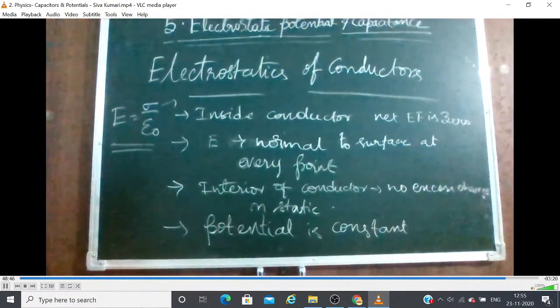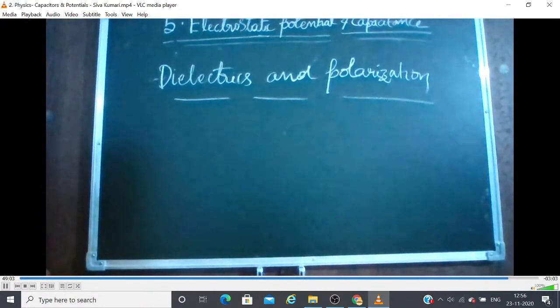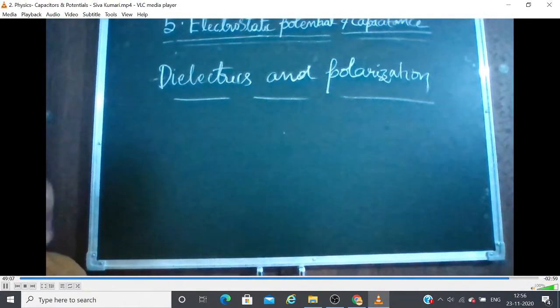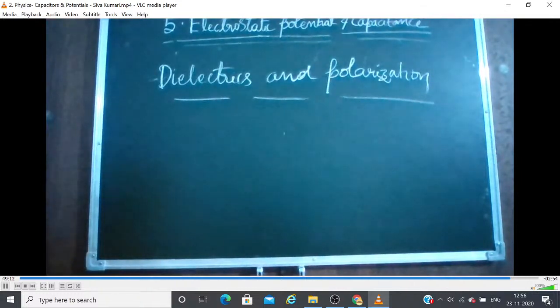Next, the topic is dielectrics, and how they are useful, I already told you. Dielectrics and polarization is the next topic, which leads to capacitors. It is a very important topic. There is also some difference between conductors, insulators and dielectrics.